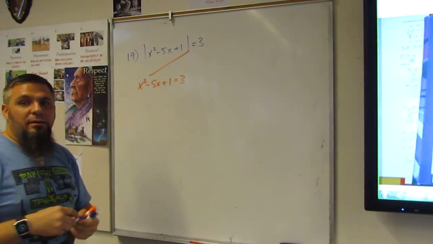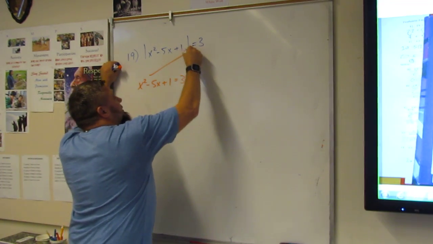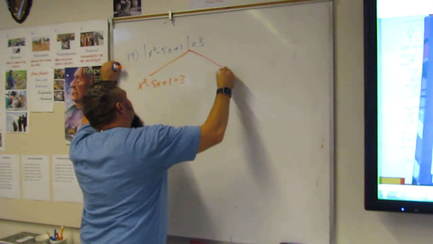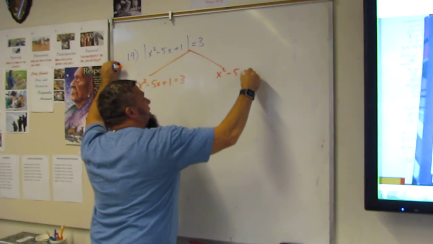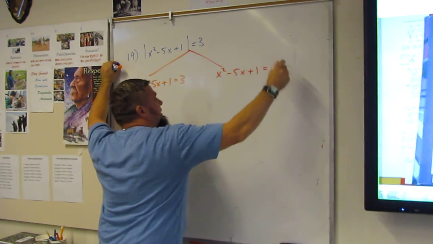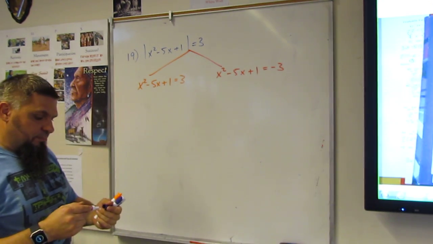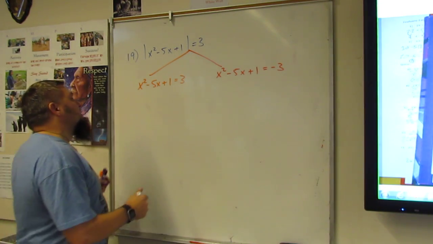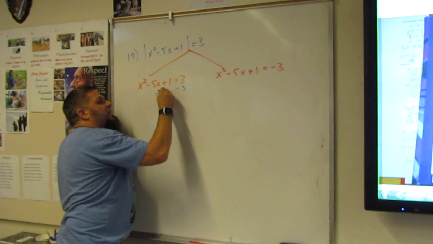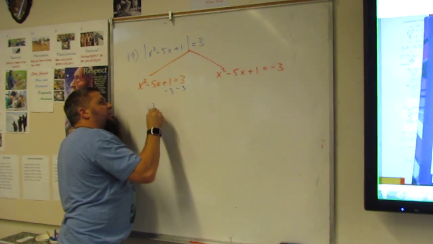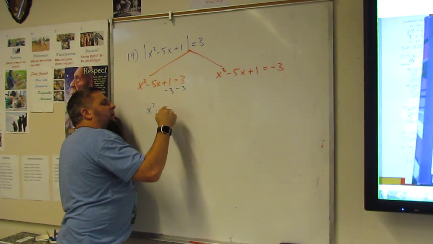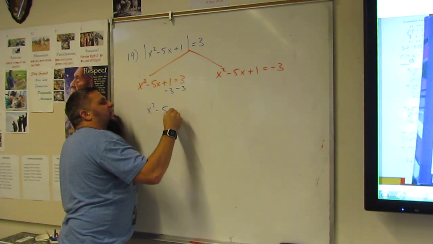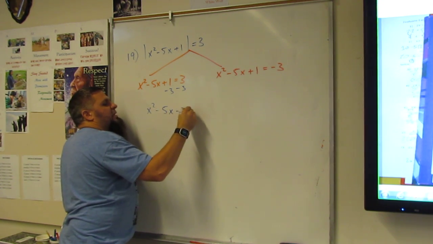Other side, you change it. Good. Then this can come over here and go x squared minus 5x plus 1 equals negative 3. You have to do the quadratic. Yeah, probably. So I'm going to subtract 3, x squared minus 5x minus 2 is equal to 0.